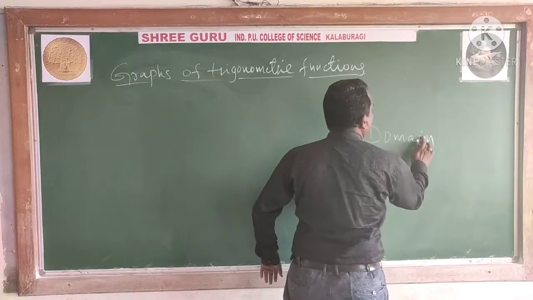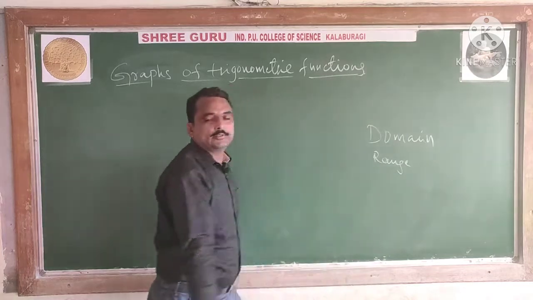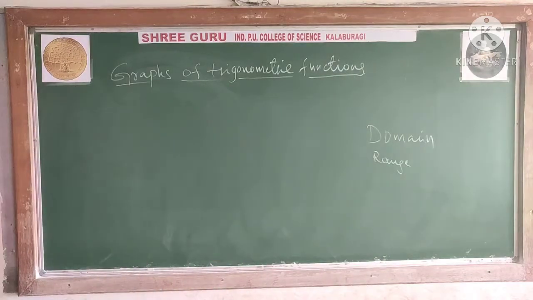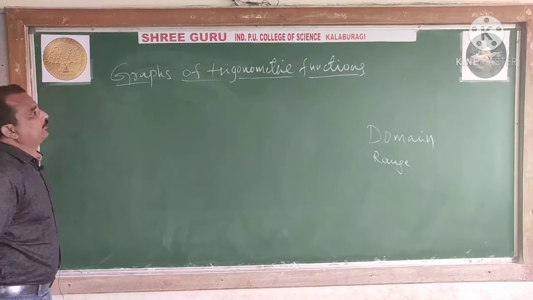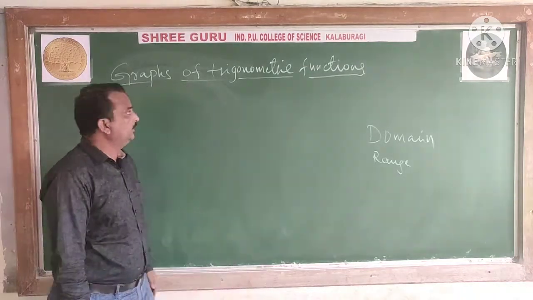You already know domain and range from the sets and relations you have studied, the domain of the functions and the range of the functions. The domain and range of the trigonometric functions you have to study in this chapter.